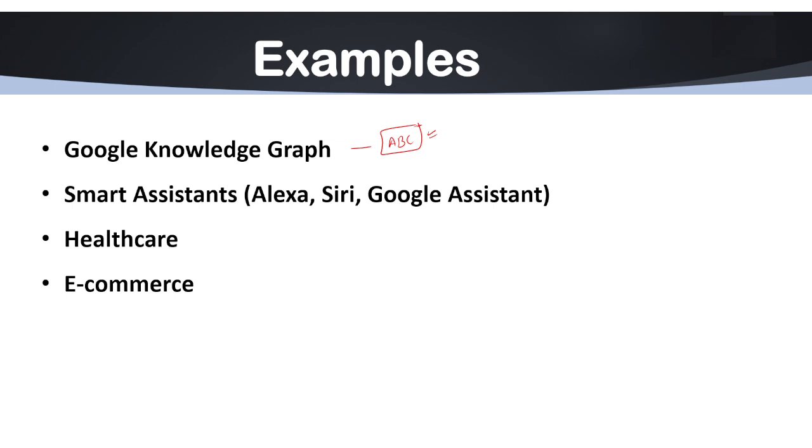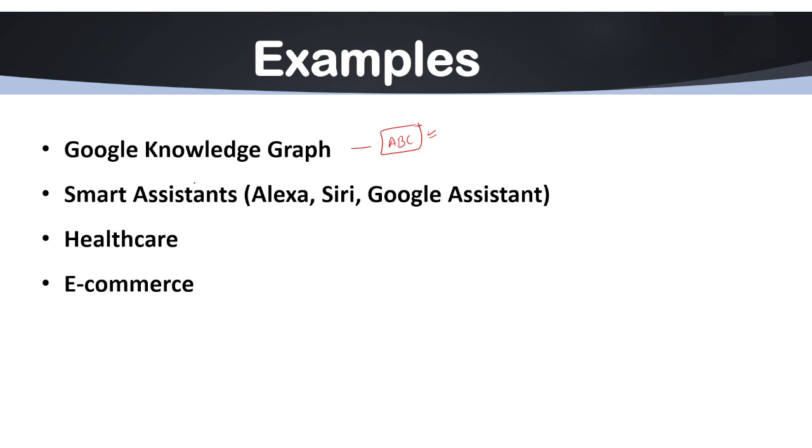When you search for ABC, Google shows not just web pages but also structured facts like any person's date of birth, their spouse, their movies list, everything, right? AI understands the relationship between person, their country, their movies, their favorite songs, their latest movies, everything. This is called Google Knowledge Graph, right?